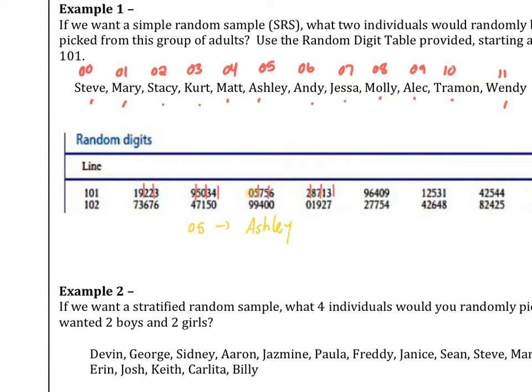And then we have 75. And as we keep going, 13, 96, 40, 91, 25, 31, 42, 54. Okay, and we'll keep going. Starting in line 2, we have 73, 67, 64, 71, 50, 99.